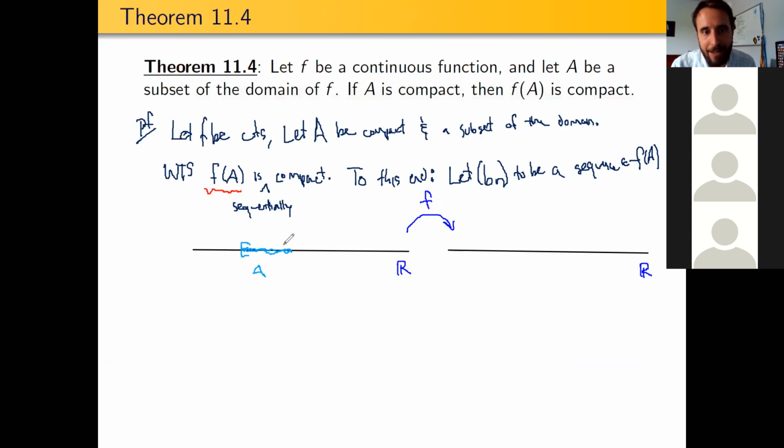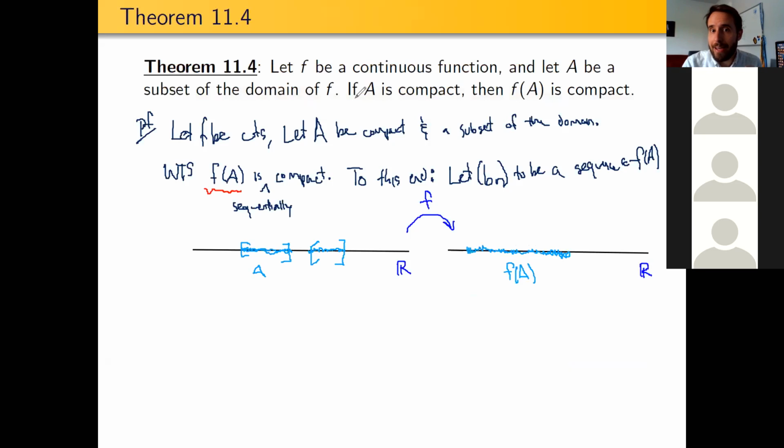So that's my set A. Maybe it's not connected, maybe it has two pieces, but I have my set A in the domain. It's closed and bounded. And my function f is mapping it to some set over here. This is the image of A. We don't know what it looks like, but I'm going to draw it kind of like that. So we have f of A, the image of A, over there.